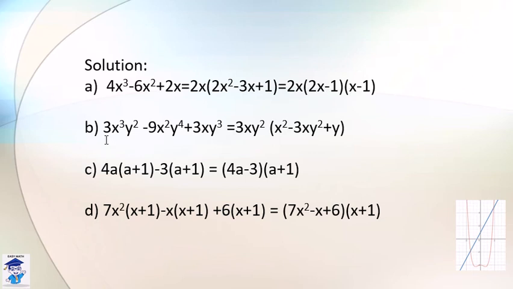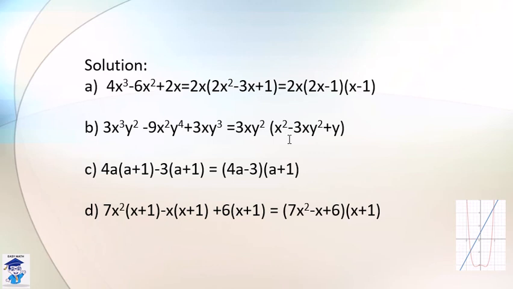Number B, 3x cubic times y squared minus y squared times y to the power of 4 plus 3x times y cubic. So we can take out the same part. It's 3xy squared, right?